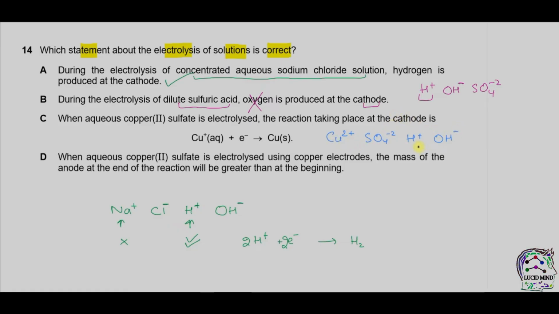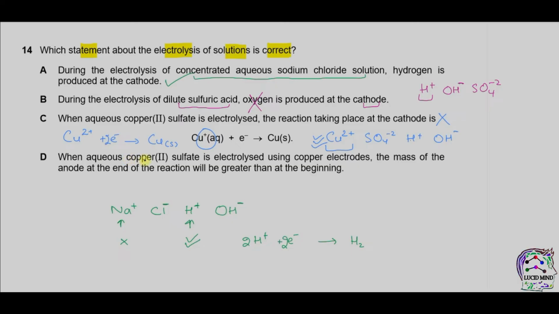Among copper and H positive, copper is easily discharged as compared to H positive because it is low in the discharge series. So we can say that Cu2 positive, it will gain 2 electrons and deposit as copper. So in this equation, the charges given is incorrect, so therefore C is wrong.